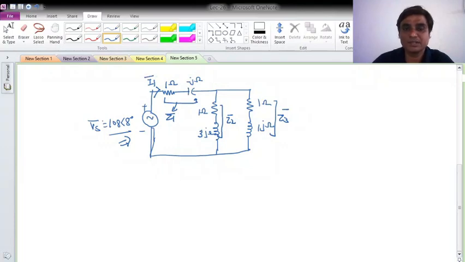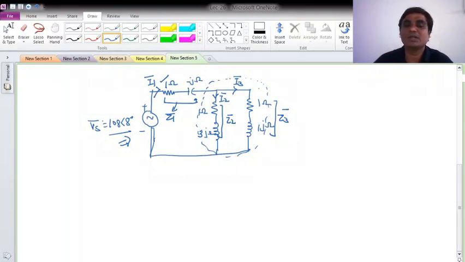Let us consider the currents in each branch: this is my I2 phasor, and suppose this is my I3 phasor. To compute the I1 phasor, we observe that these are in parallel, so we will find the Z equivalent.